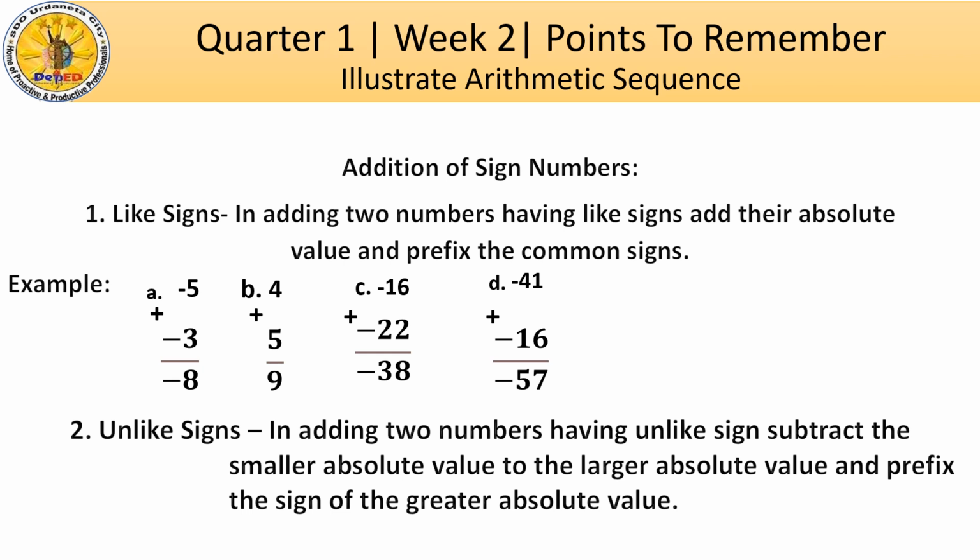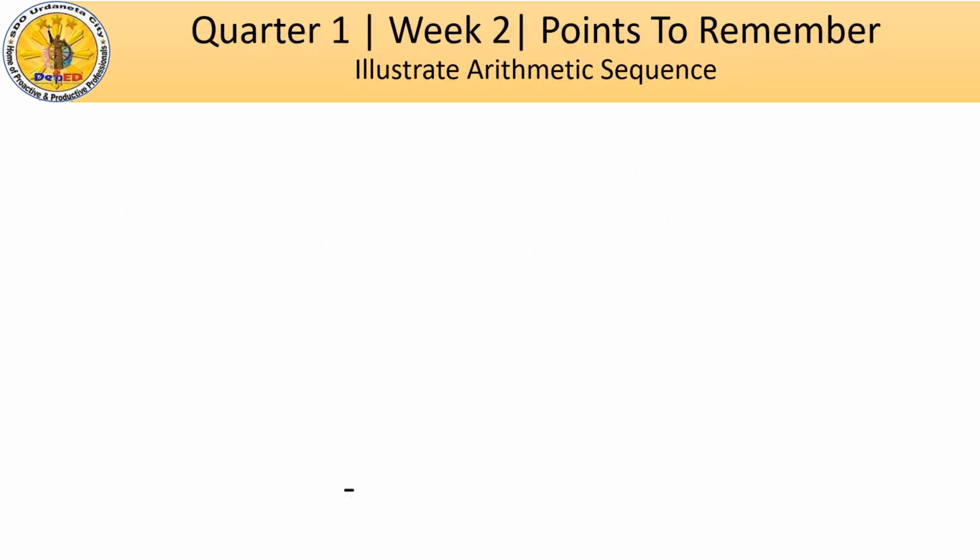Next, unlike signs. In adding two numbers having unlike signs, subtract the smaller absolute value from the larger absolute value and prefix the sign of the greater absolute value. Okay, example, letter A, -3 plus +4.